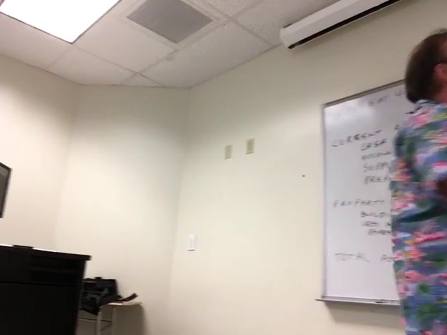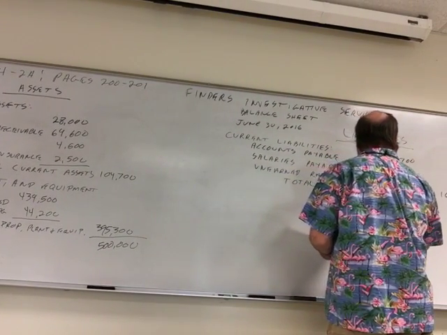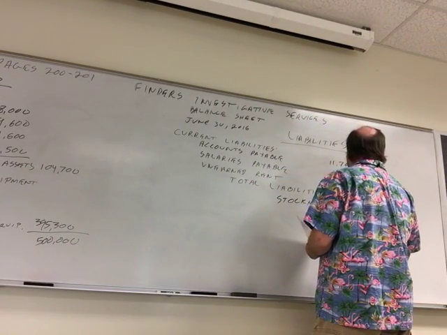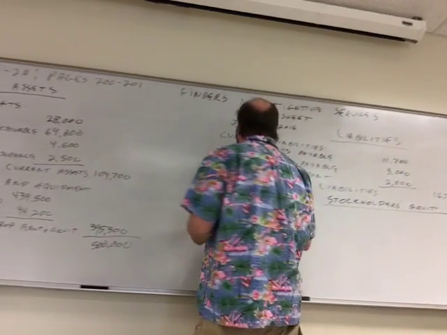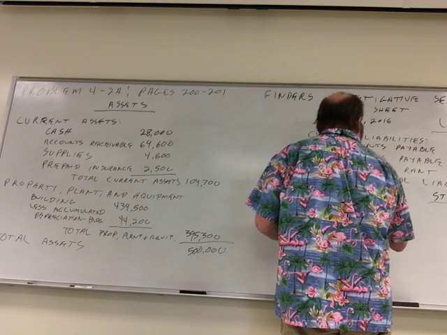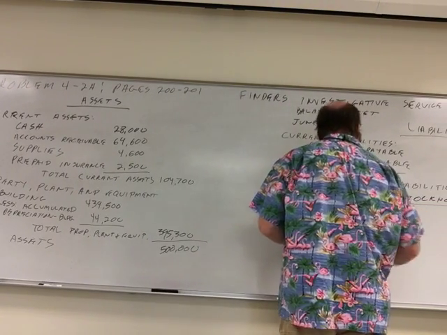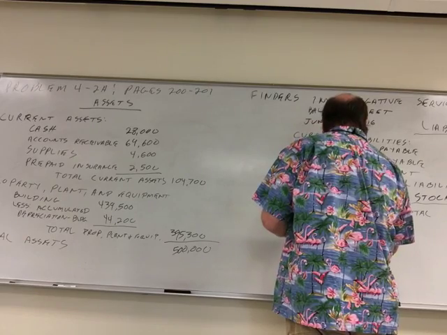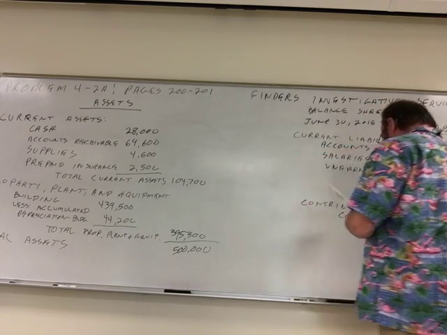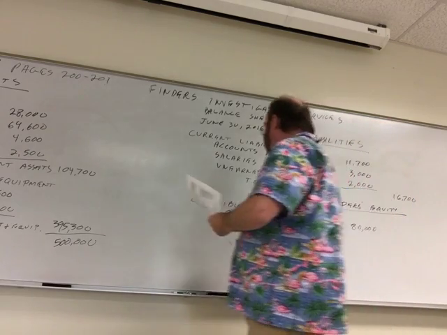Then, the last section, stockholders' equity. Stockholders' equity is broken into contributed capital, and they only have one, common stock, of 80,000, and retained earnings.